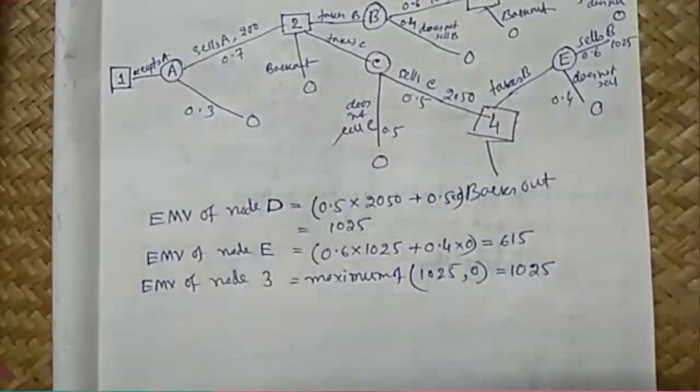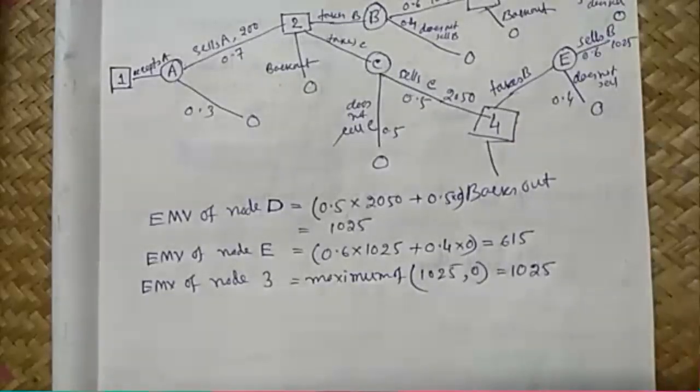Did you get my point? Come to node number 3. If you look at node number 3, you will find that one branch says back out, do not go for C. Then he will get payoff 0. If he takes C, then his payoff is 1025.